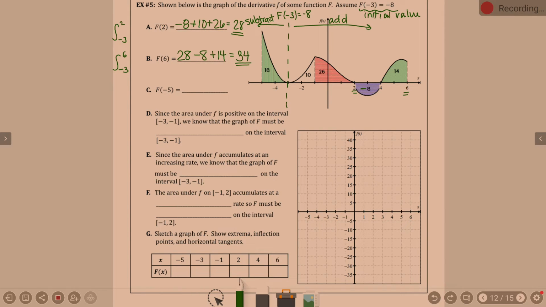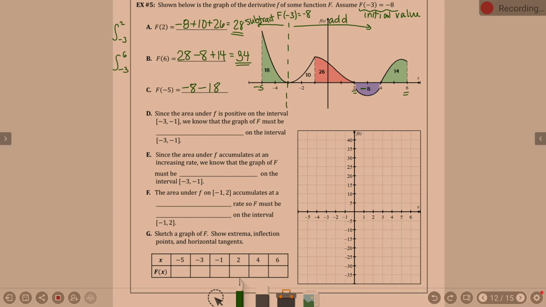What about f of -5? F of -3 equals -8, and then what? What am I doing with the 18?